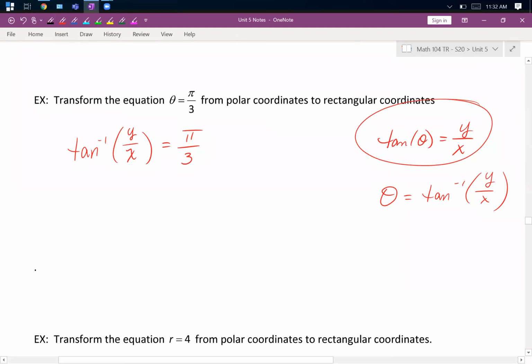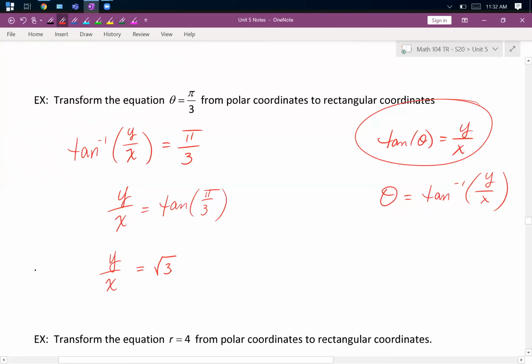And then using our definition of tan inverse, we get that y over x is equal to tangent of pi over 3. Tangent of pi over 3 is just a value on our unit circle. Tangent of pi over 3, that's square root of 3 over 2 over a half, square root of 3.